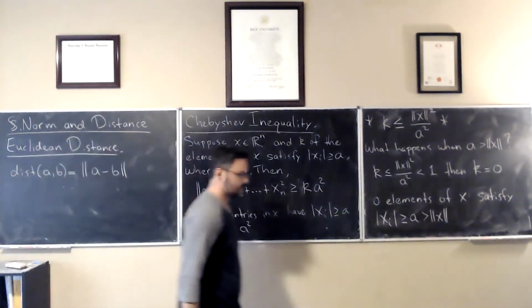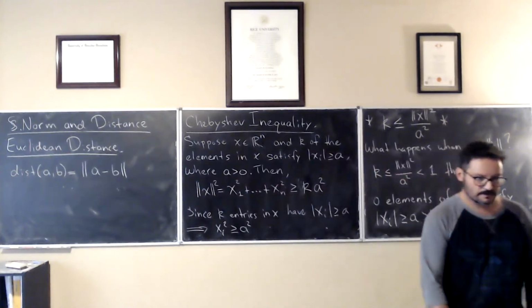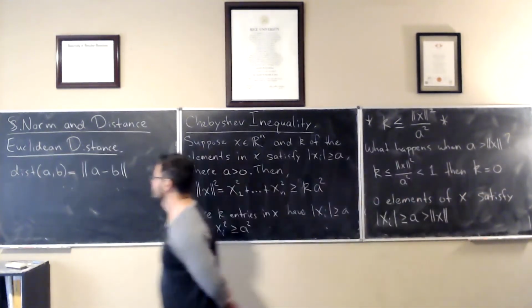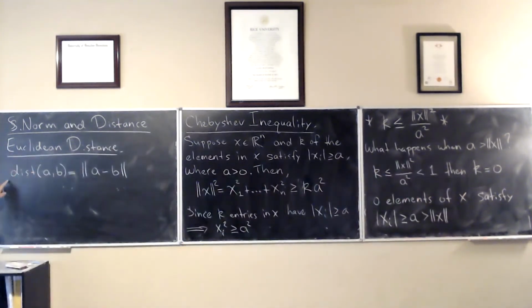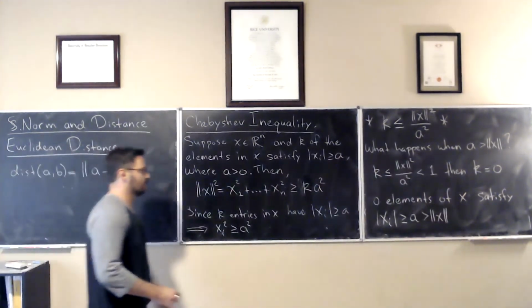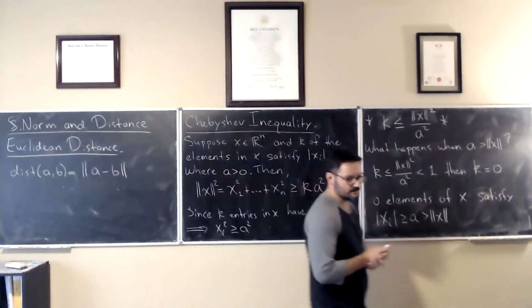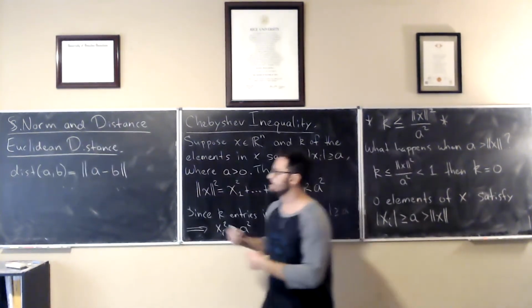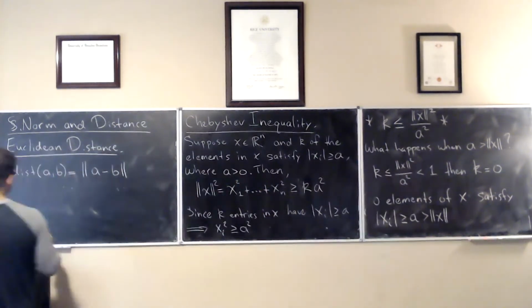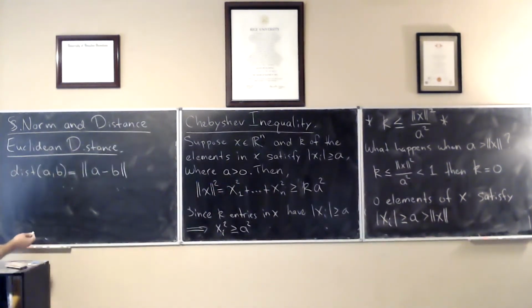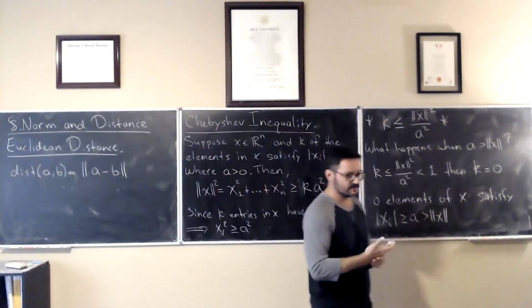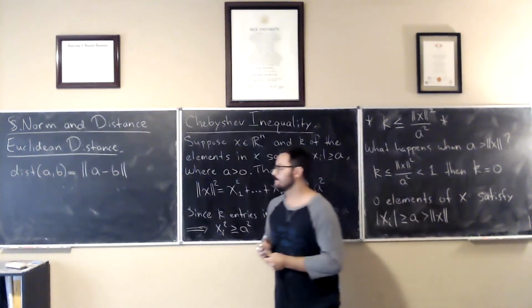So this is how we define distance with the two norm, the Euclidean norm, between two vectors. This should be familiar because the two norm in one dimension acts like the absolute value, and the absolute value between two numbers is the distance between them.